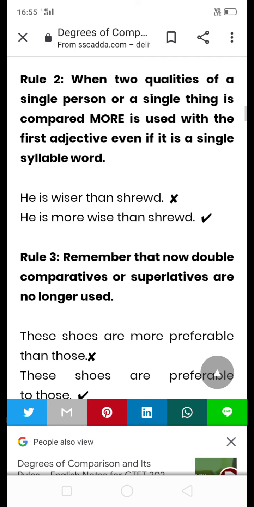It is wrong. But how are we writing? These shoes are preferable to those. Preferable to those. Means here we are not writing than. After the adjective we are writing to. Preferable to. Like this way. These are the rules.